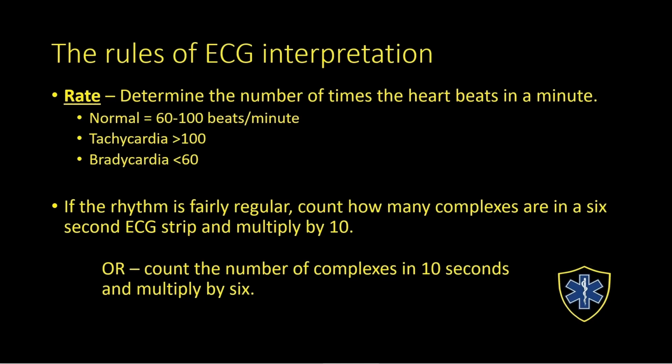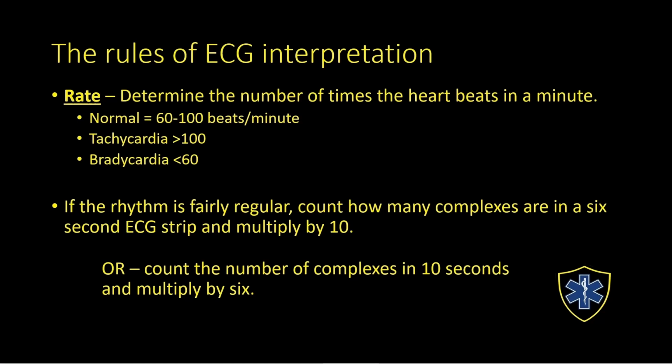The normal resting heart rate for an adult is somewhere between 60 and 100 beats per minute. Anything in excess of 100 beats per minute is considered to be tachycardic, or faster than usual. Anything lower or 60 beats per minute is considered to be bradycardic, or slower than the normal limits.